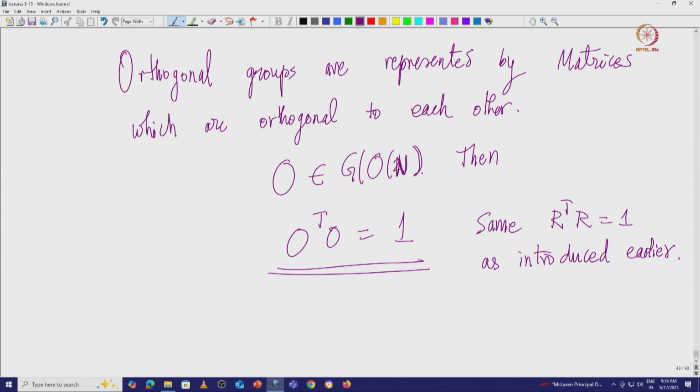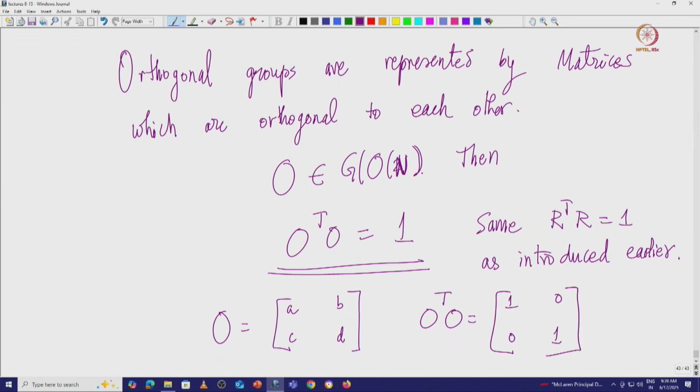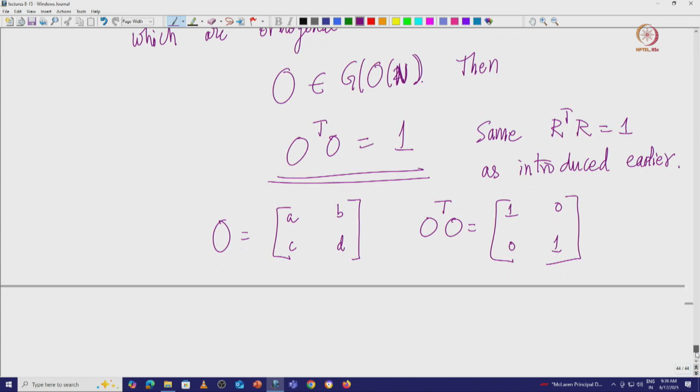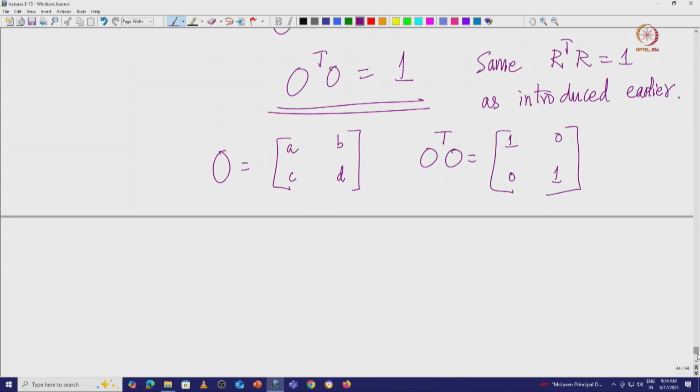Now let's take a 2-dimensional matrix O. Let me call it O equal to A, B, C, D. It is made up of 4 elements essentially. It's a 2-dimensional matrix. And then I impose the condition O transpose O is equal to 1, 0, 0, 1. Why I impose this condition is because of what it implies for the number of free parameters in describing this orthogonal group.